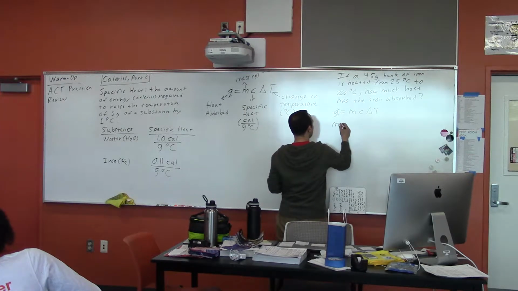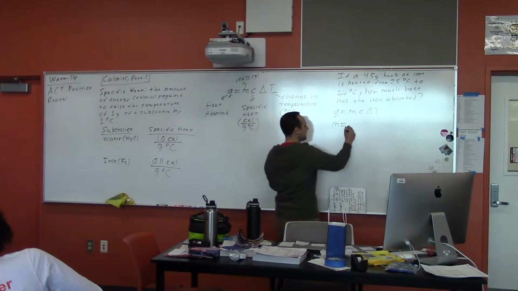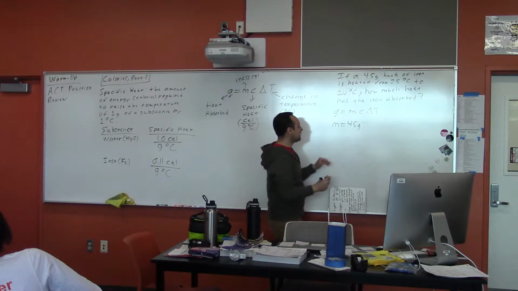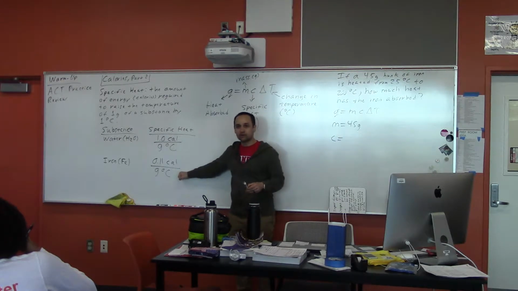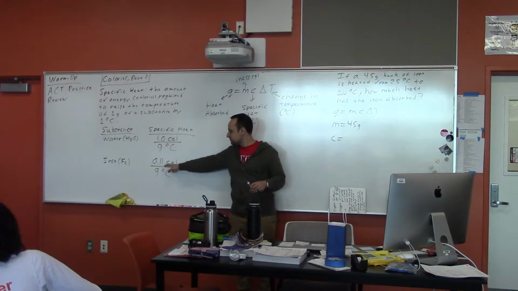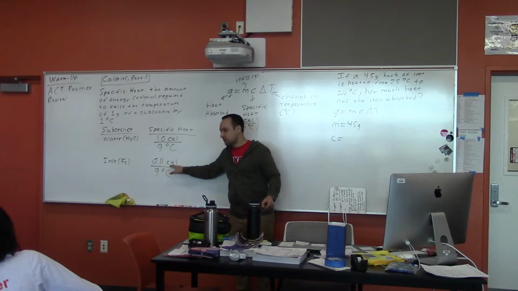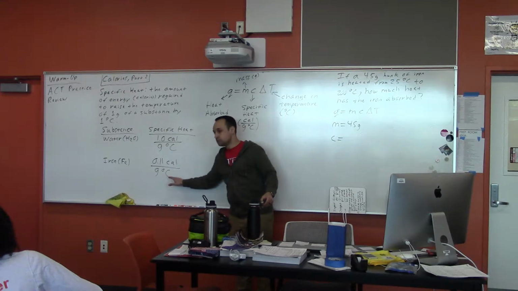But we know M, what's the mass of the hunk of iron? 45 grams. And then, what's the specific heat of iron? That's over on this side. Let's try to read it. 0.11 calories per gram degree Celsius.